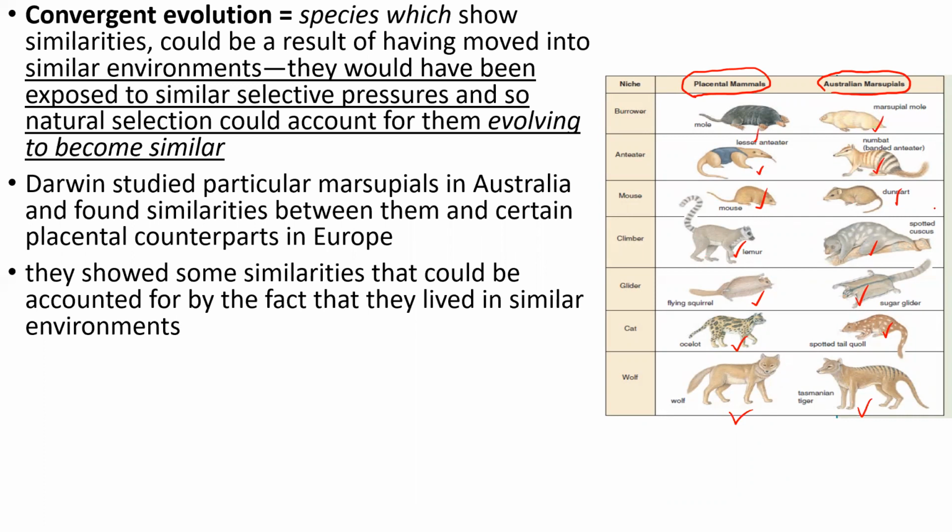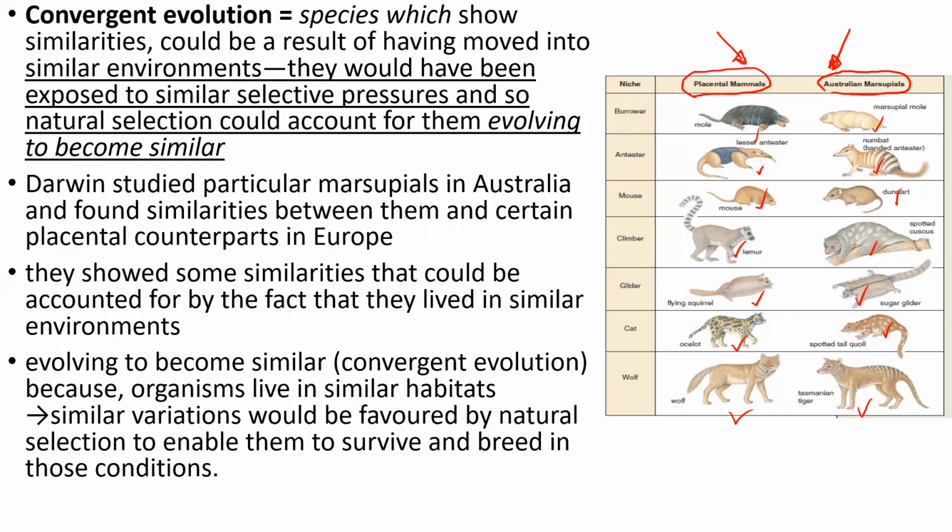They look the same because of similar selection pressures, but they come from ancestors that are very distant. So evolving to become similar. Similar variations would be favored by natural selection to enable them to survive and breed in similar conditions.